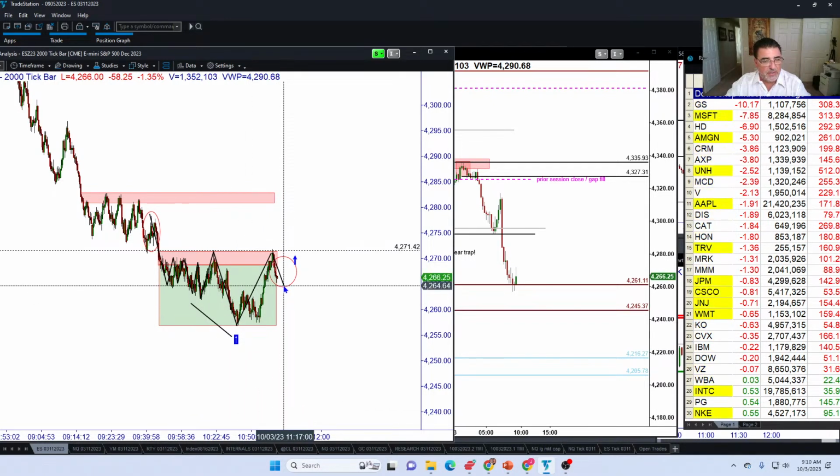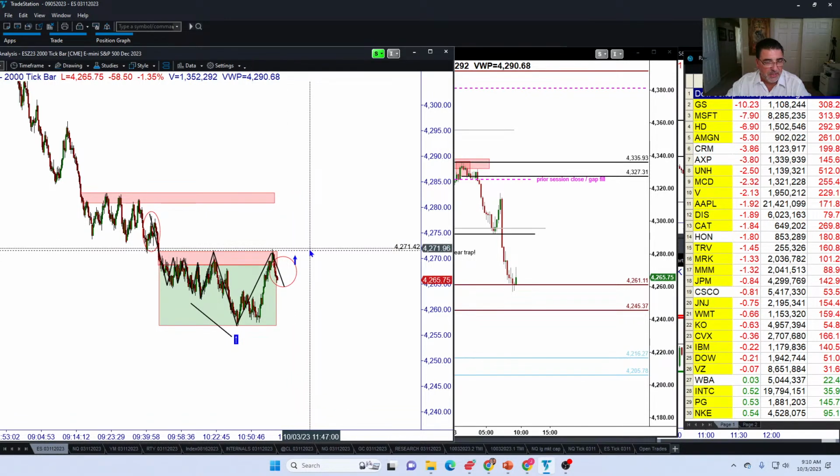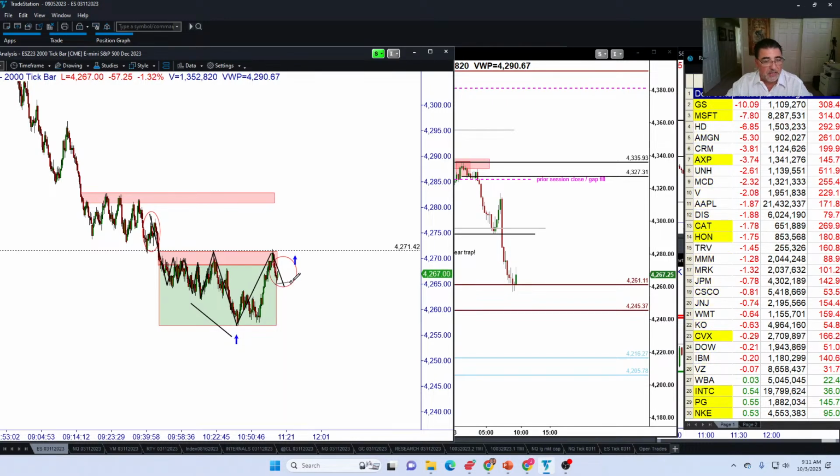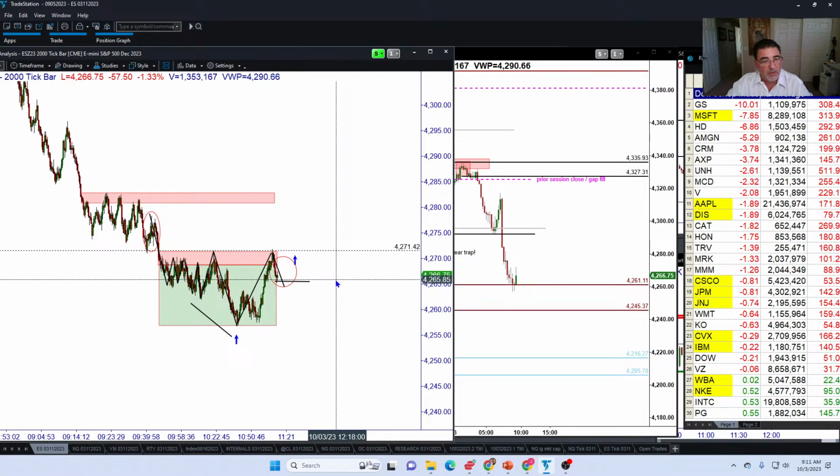Then I can get in, and let's just assume that I take the breakout trade and assume at this moment that this is going to be the low of the leg base, okay?